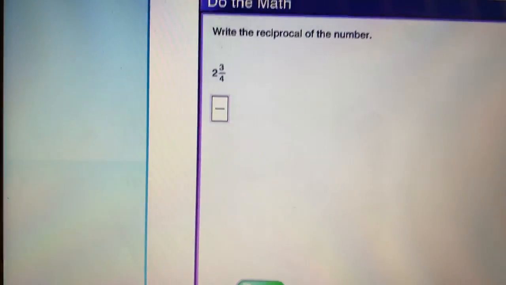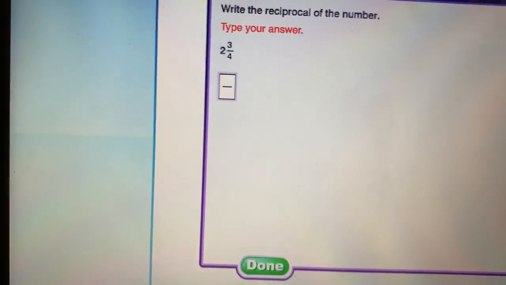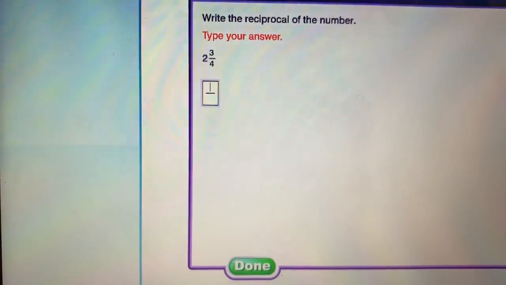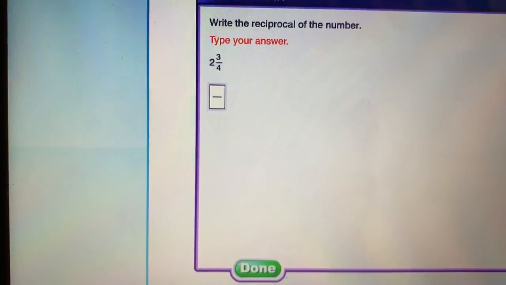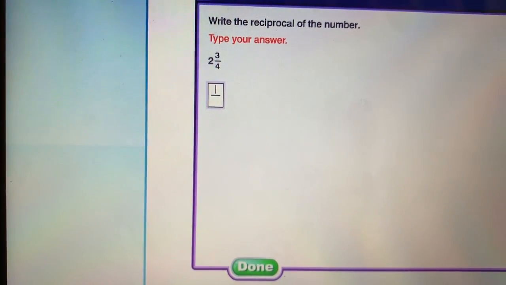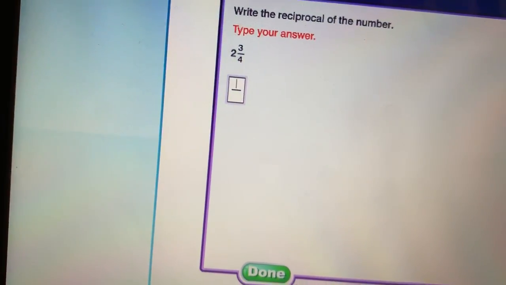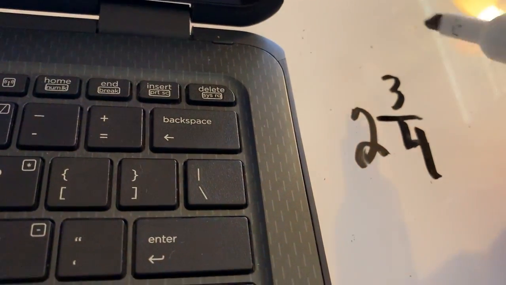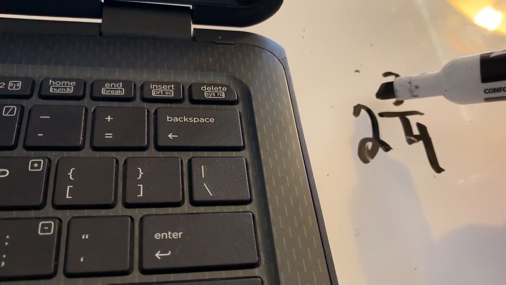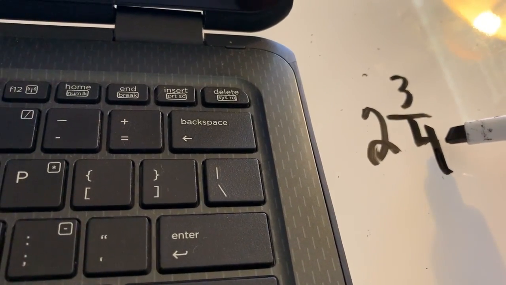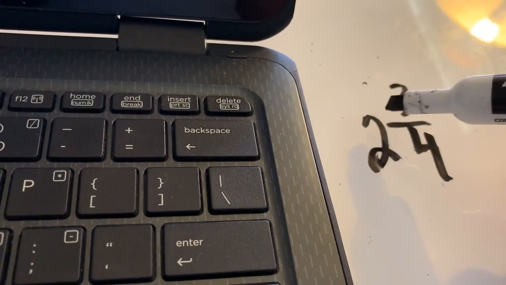Now here we have a number that is a mixed number. So before we can take the reciprocal of 2 3/4, we need to turn that into an improper fraction. To do that, I multiply the whole number times the denominator, and then I add the numerator.